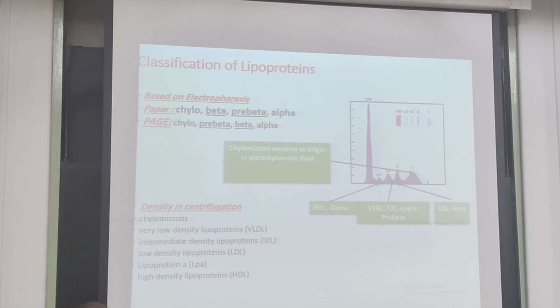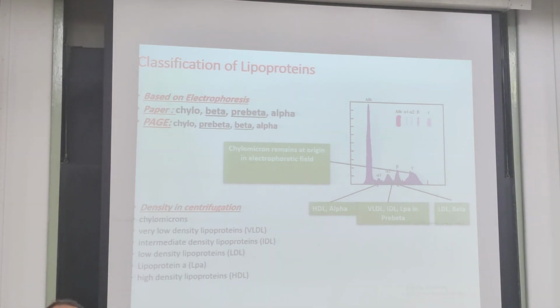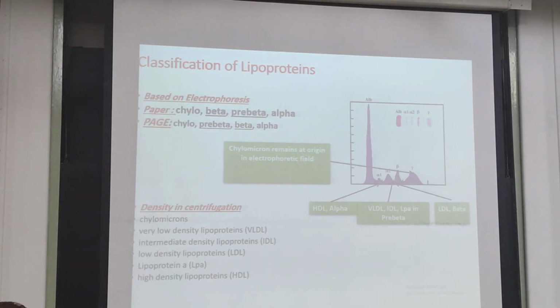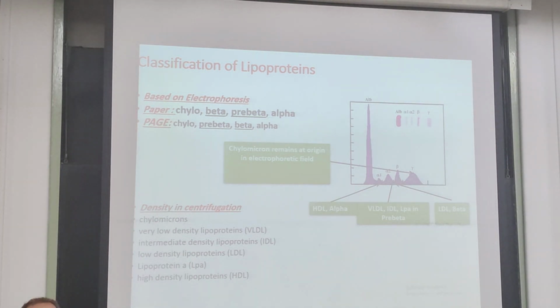As you know, the density is dependent on the lipid content or protein content. The density of lipoprotein is dependent on protein or lipids. If the content of protein is high, they are high density.